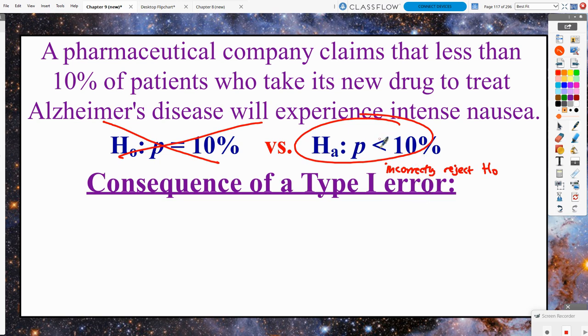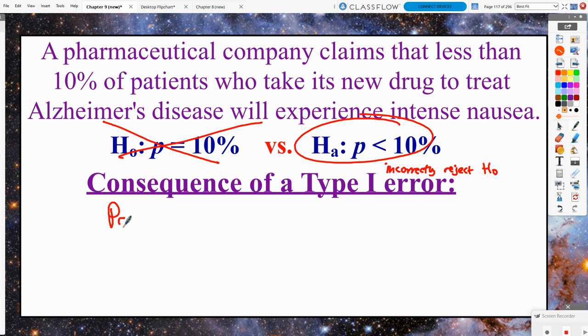So we think that the proportion is actually less than 10%, when in fact it's actually 10% or potentially more than 10%, right? So a consequence of making a type 1 error is we think that this medication is going to do good to patients who have Alzheimer's disease, and they will not experience as much intense nausea as what they maybe once did. So the consequence is we're going to give these people this pill.